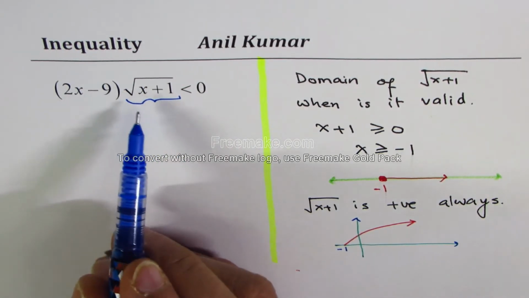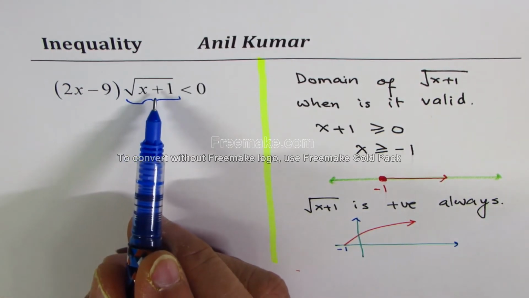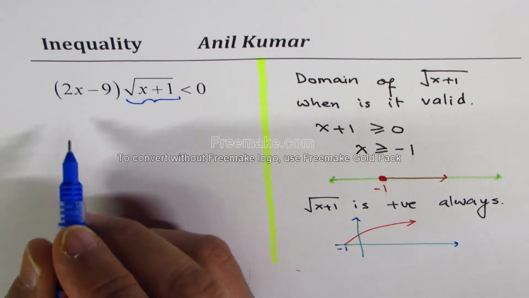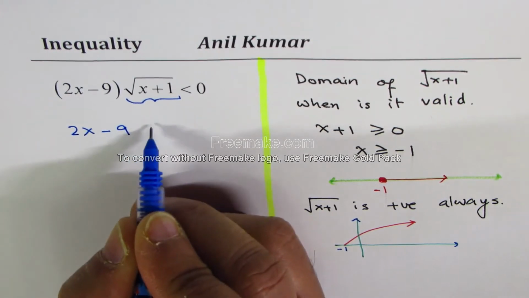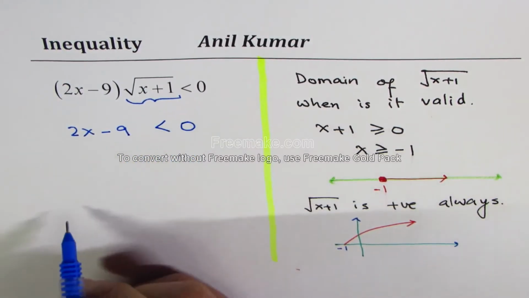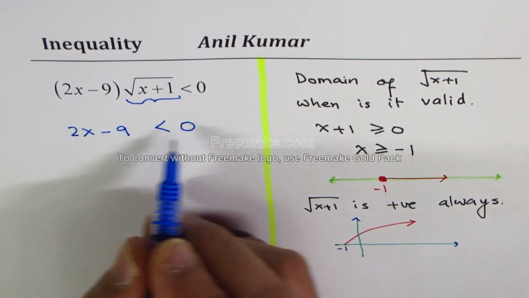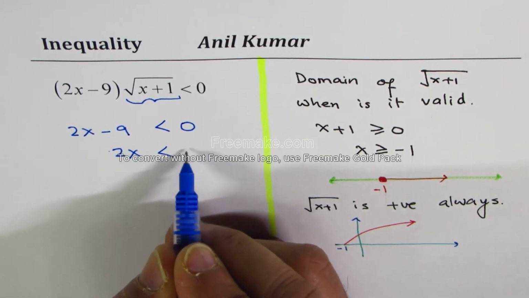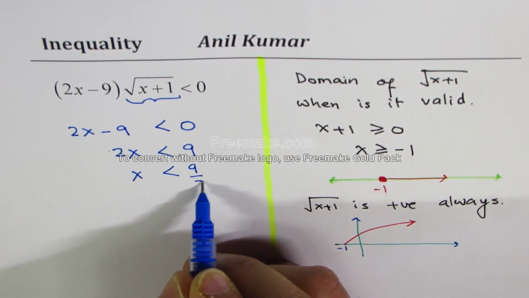We are looking for an inequality where two terms are multiplied. One is always positive. So we can think about only solving for the linear part, which is 2x minus 9. And so we solve this: 2x minus 9 less than 0. So taking 9 on the right side, we get 2x is less than 9, or x is less than 9 by 2.